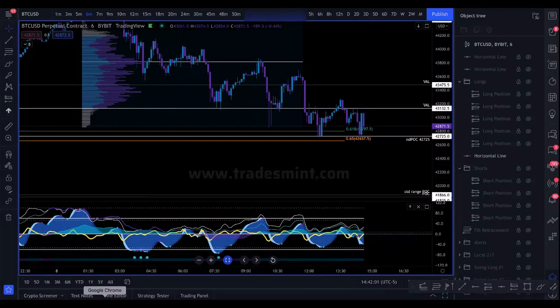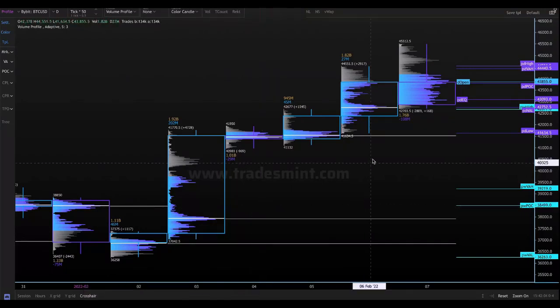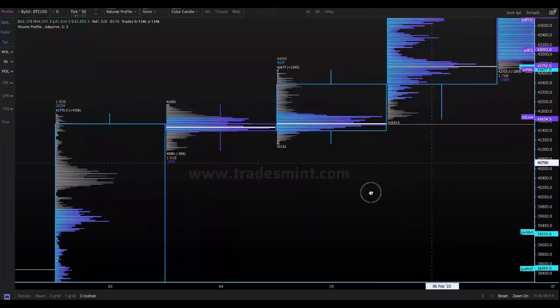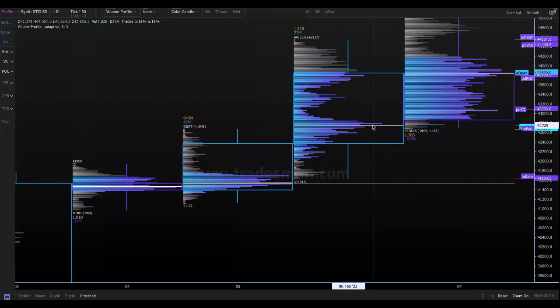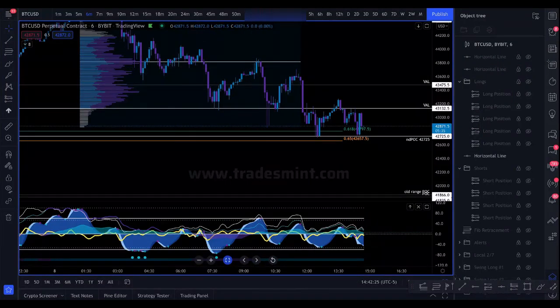And the way we found that naked daily point of control is by coming here to Exocharts, and you'll learn about this later, but we can see right here where we bounced from, this white line. This was, at the time, a naked daily point of control inside of a golden pocket. So it gave added confluence to the level that we were already looking at. So that's two of the main benefits when it comes to using Exocharts.